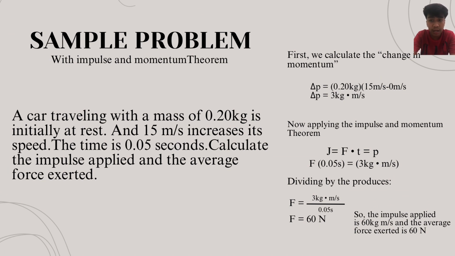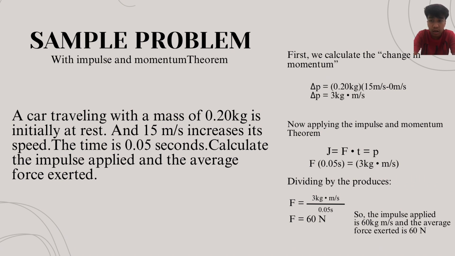Now, applying the impulse and momentum theorem, J, or impulse, equals force times time is equal to the change in momentum. So, force times 0.05 seconds is equal to 3 kilogram times meter per second.